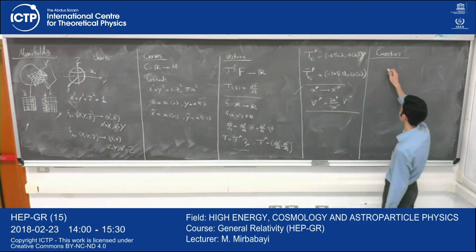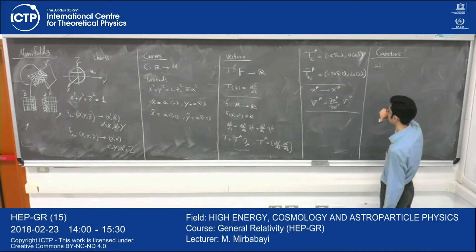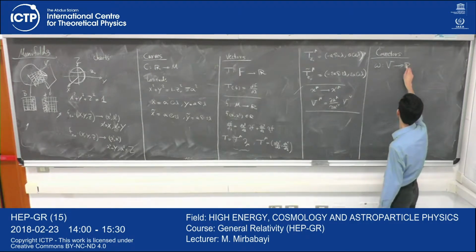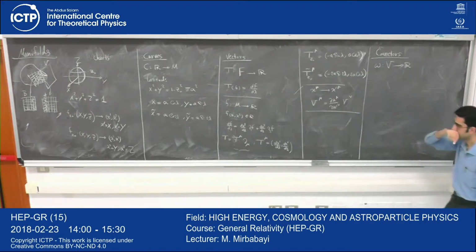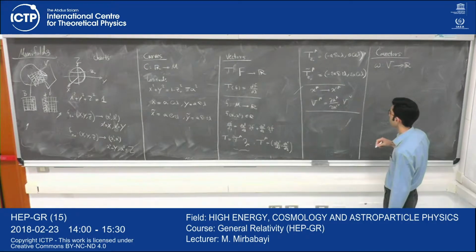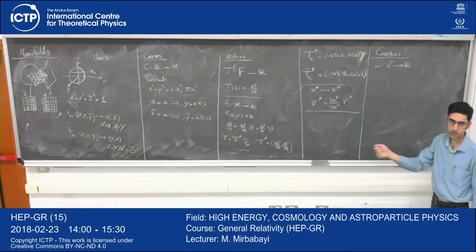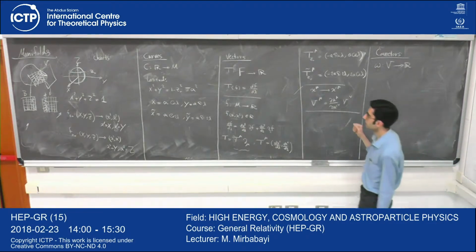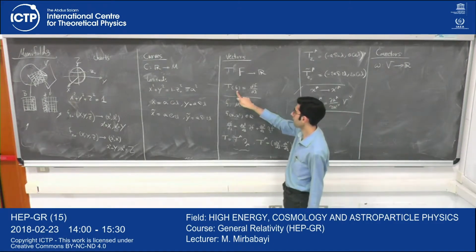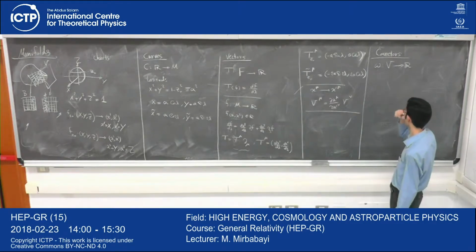So we can talk also about maps from vector space to the real numbers. And these are called covectors. What they do is that they take a vector and give a number. So remember, a vector would take a function and give a number. Covectors take a vector and give a number.